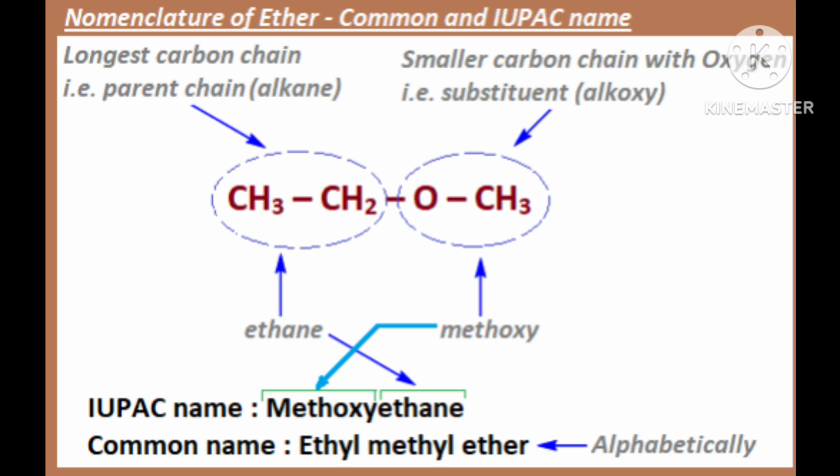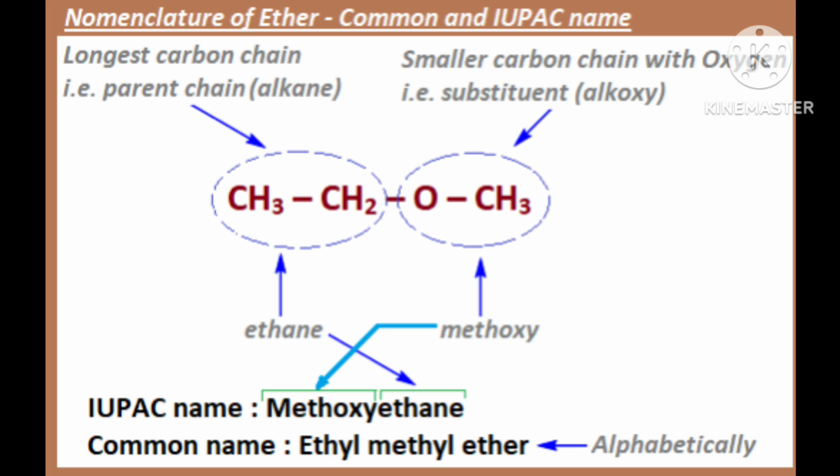The positions of substituents are indicated by numerals. For this, the longest carbon chain, also called the parent chain, is numbered starting at the end nearest to the hydroxyl group.